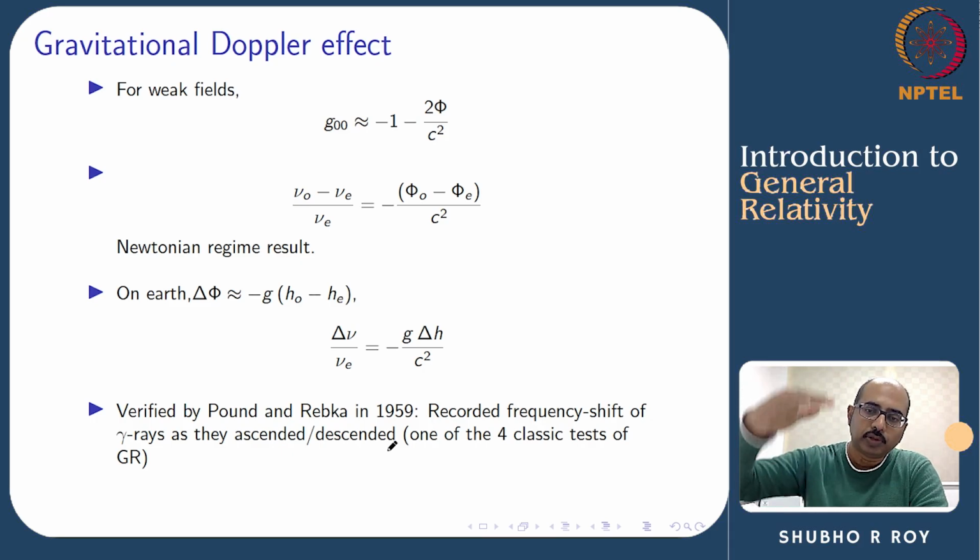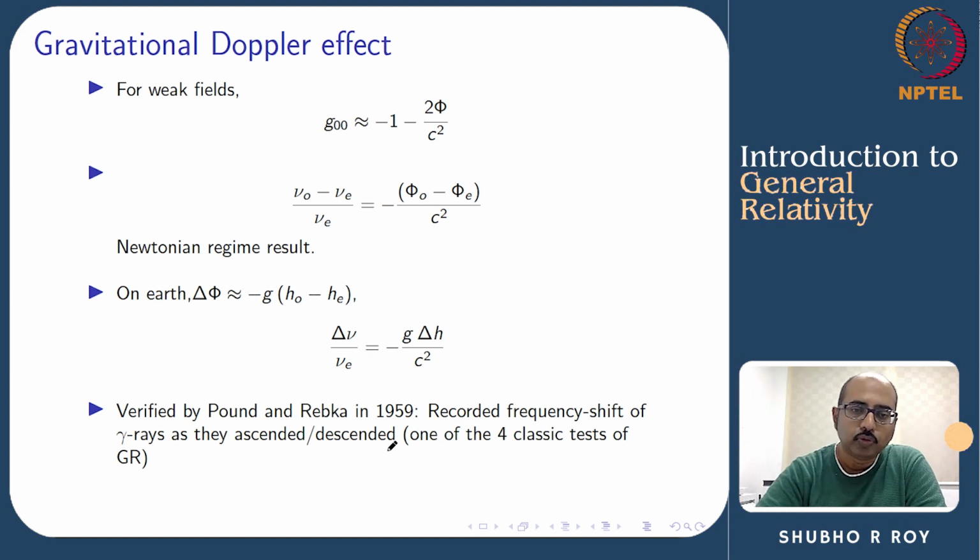At the top of the building, they would send the gamma rays downwards, and then they would do the reverse, and they used the Mössbauer effect to detect the shift in the frequency of the gamma ray photons, and they found a great match with this formula, which was the verification of gravitational redshifting. This experiment of Pound and Rebka, which you can read up on the web, is considered to be one of the 4 classic tests of general relativity. In fact, this is the last test to be performed, in 1959. So this has been verified and constitutes one of the 4 classic tests of general relativity.